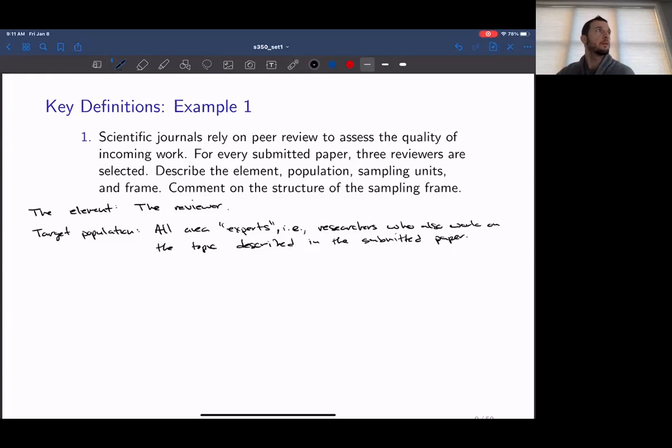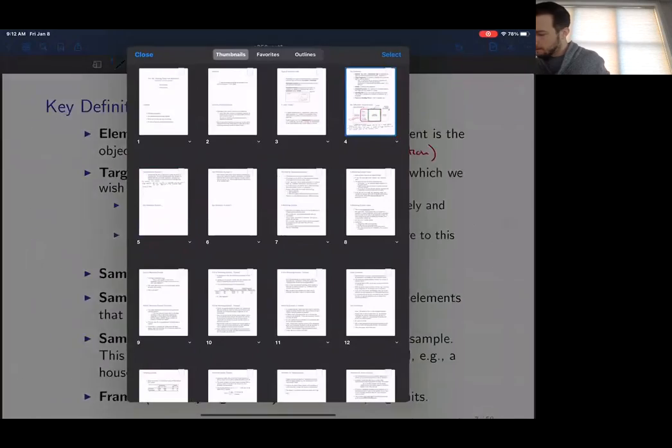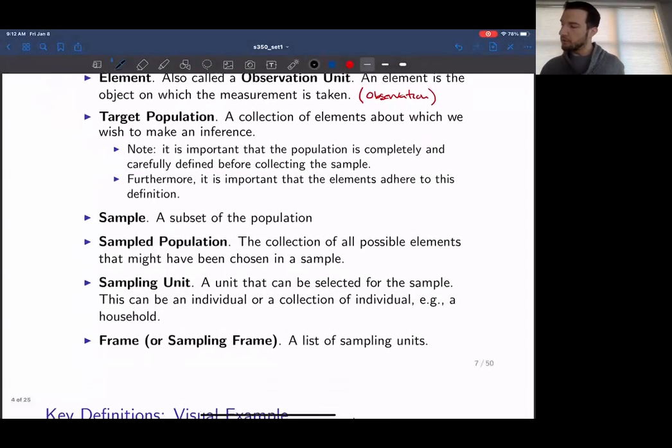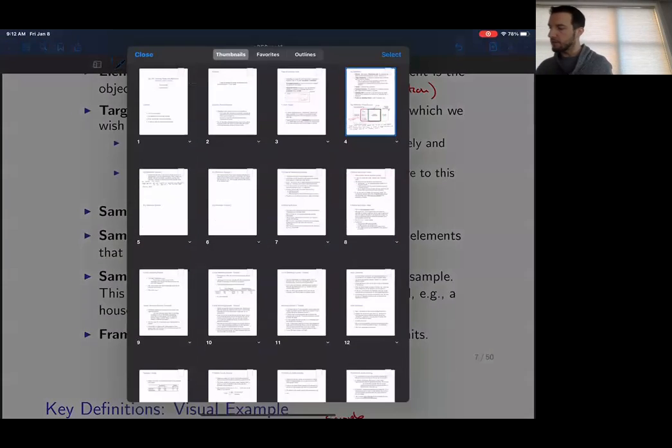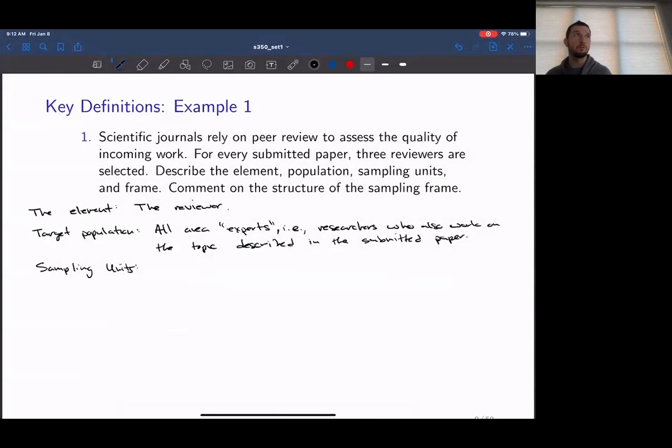Okay, the next thing we'll talk about are the sampling units. So as a reminder, the sampling units, if we look back at our key definitions, the unit itself can be a collection of elements or an individual element. So in this particular illustration, the sampling units could just be the reviewer or the area expert themselves. That would be a very realistic interpretation.